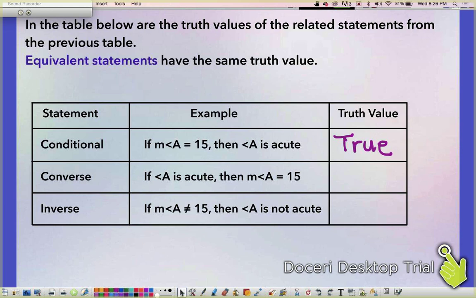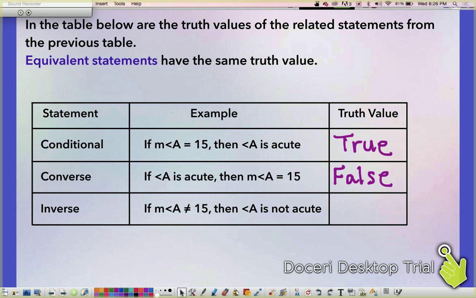Okay, the converse, if angle A is acute, then the measure of angle A is 15. Is that true or is that false? And if it's false, can we prove it's false? You write what you think it is. I'm going to give you a second. Okay, it's false. You might be like, well, why is it false? Okay, because an acute angle measures anywhere from 0 to 90.